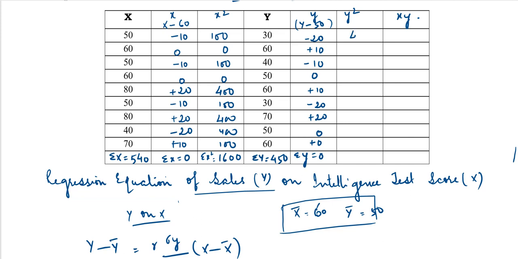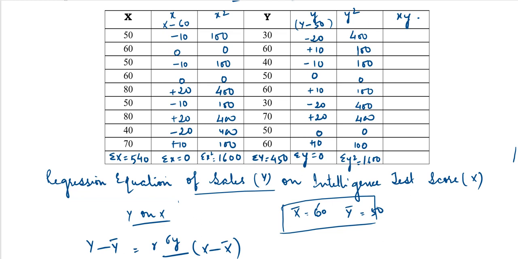Now square it. 400, 100, again 100, 0, 100, 400, 400, 0, 100. Plus 10 means 100. Summation of y square is equal to 1600.